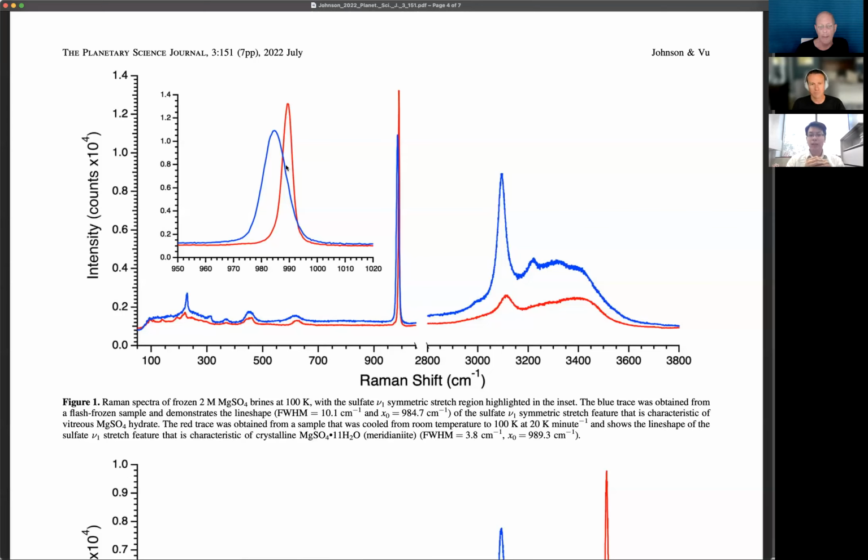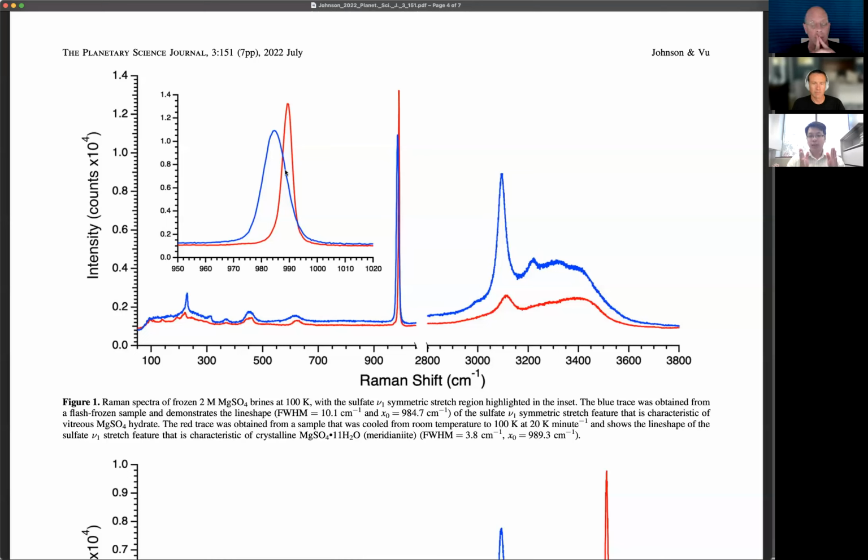A peak at 990 in the Raman is indicative of crystalline meridianite, which is magnesium sulfate 11 hydrate.